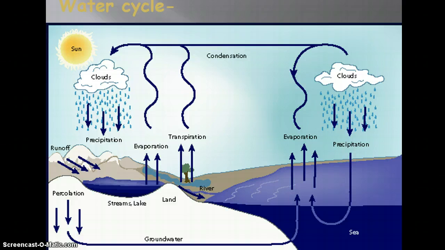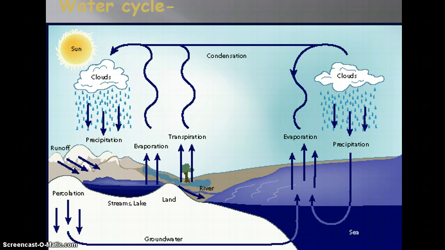That's water being lost from plants, kind of evaporating off of plants. Again, into the air. All of that evaporated and transpirated water condenses to form clouds, and eventually the clouds lead to precipitation. So it's this continuous cycle.